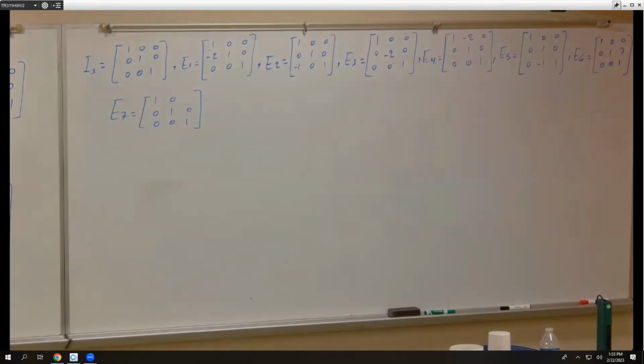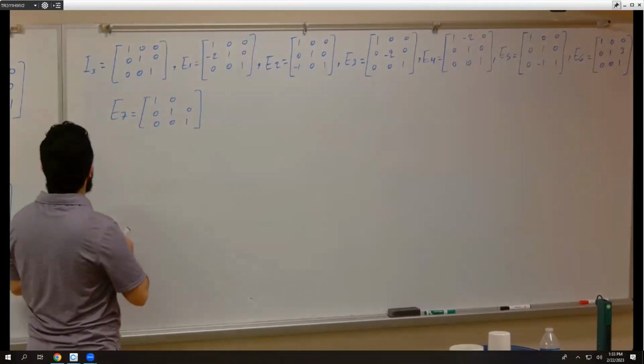Which number are we working on? E7, negative 5, which is the number here. So where am I going to put negative 5? Right.